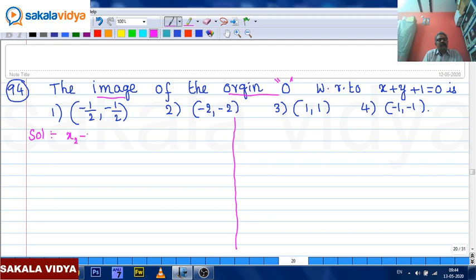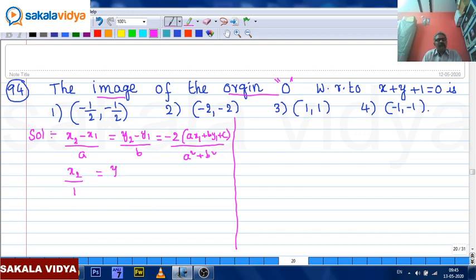(x2 minus x1) by a equals (y2 minus y1) by b equals minus 2 times (ax1 plus by1 plus c) upon a square plus b square. This is the formula method. So, actually origin is x1 comma y1, so x2 minus 0 by a means 1 here, y2 minus 0, b is also 1, and minus 2 times.